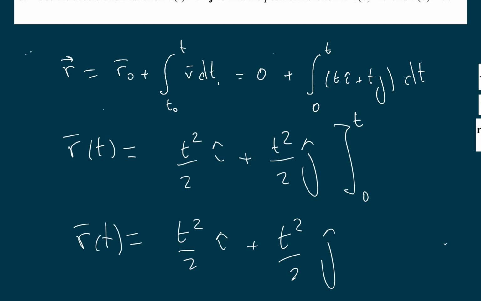You see that we have fixed the position vector according to the initial condition: the position vector at t equals 0 is 0, and the initial velocity at t equals 0 is also 0. And this is the solution.